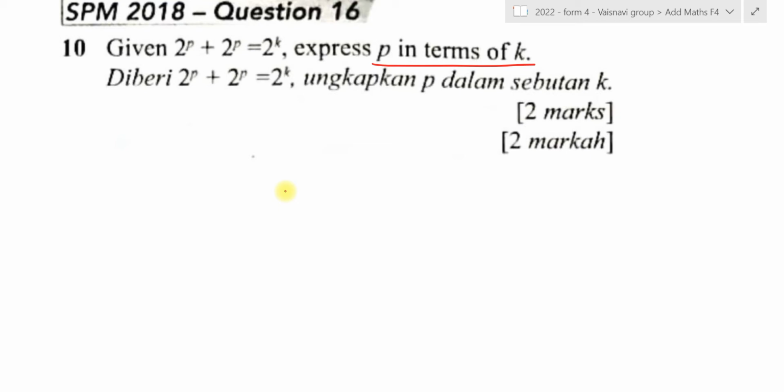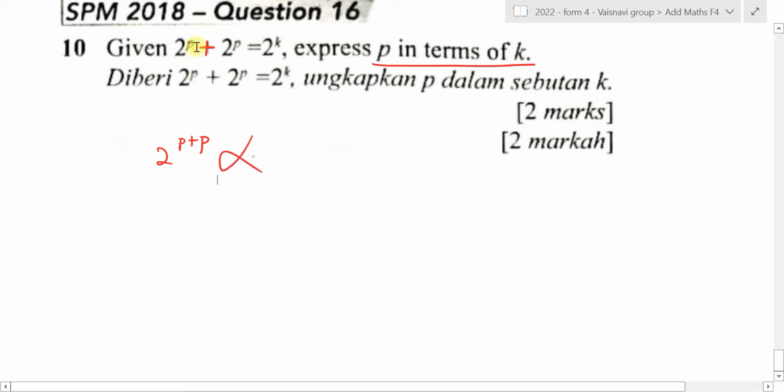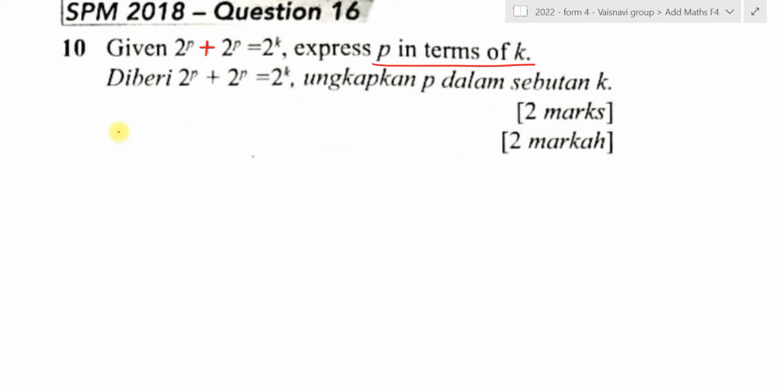Don't be too clever and go add like this. You cannot, because this is not a multiplication. It is an addition. So how to deal with it? Like this: 2 power p plus 2 power p equal to 2 power k.